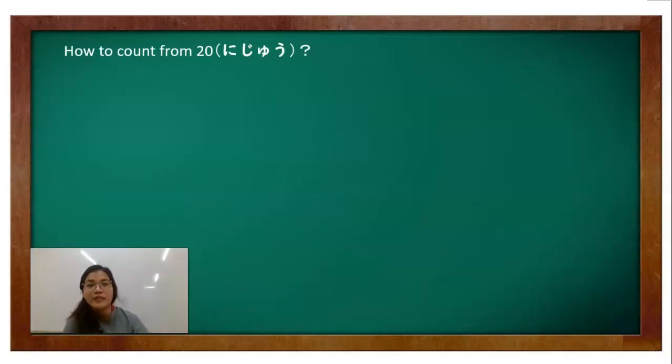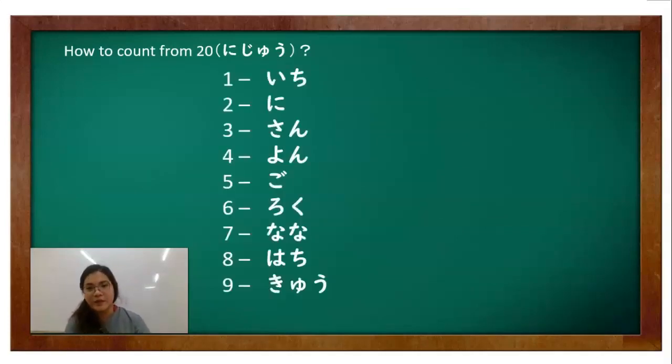Okay, how about 20? Let's start counting from 20 to 29. Again, the ones are very important, and remember 20 is ni ju.